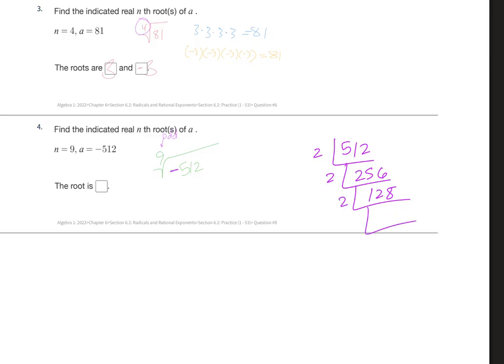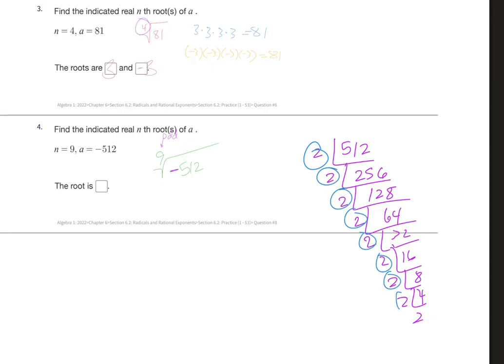And if I divide that by 2, I get 64 and 2 and 32 and 2. Oh my goodness, I got a little out of hand there with the boxes. 2 and 16 and 2 and 8 and 2 and 4, and that's 2 and 2. So 1, 2, 3, 4, 5, 6, 7, 8, 9.